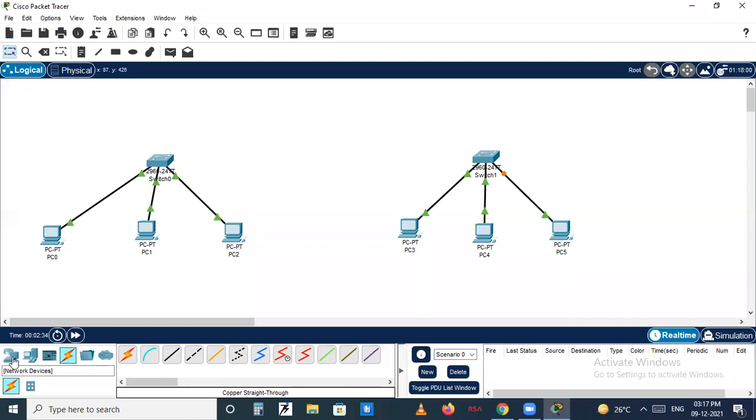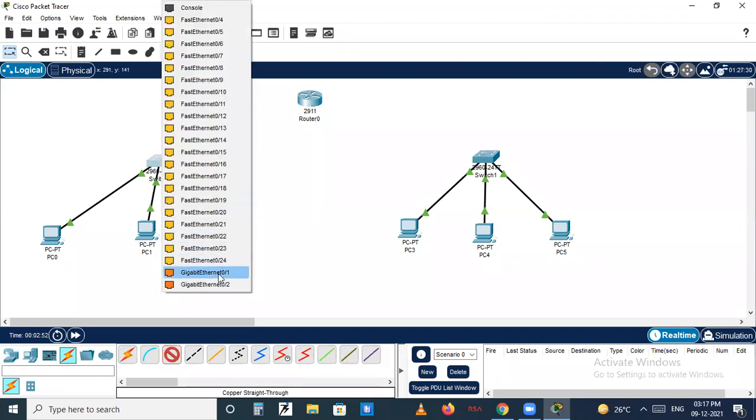Now let me take a router. So this is the router. What I am doing here is taking some cabling, and here I will use Gigabit Ethernet 0/1.